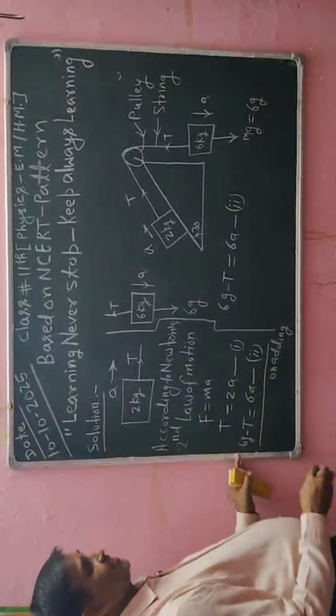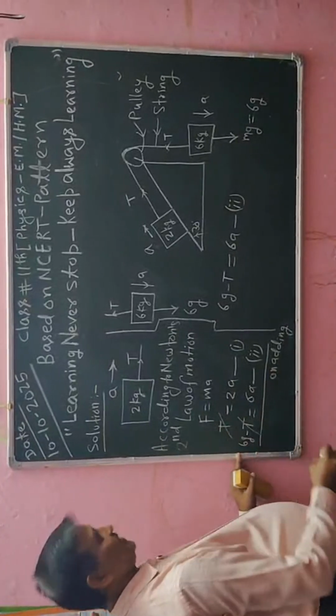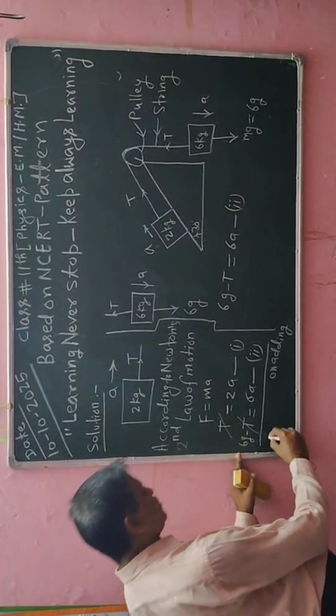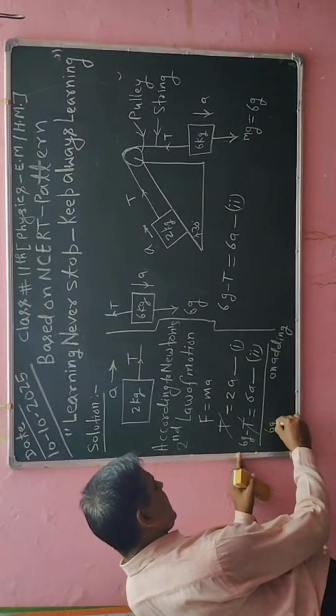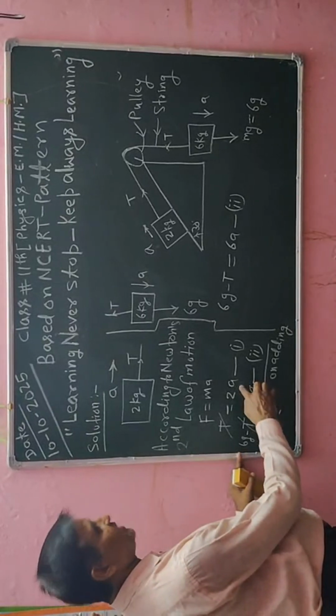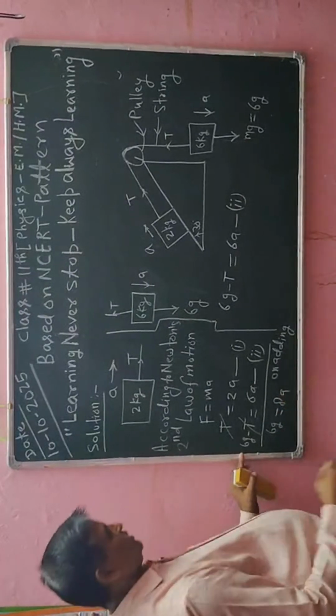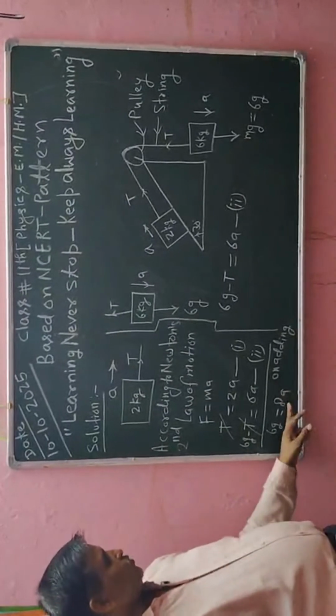After adding there is no change in sign, so the plus T and minus T cancel out. On the left-hand side I write 6g, and on the right-hand side I write 6a plus 2a, which will be 8a. So 6g is equal to 8a.